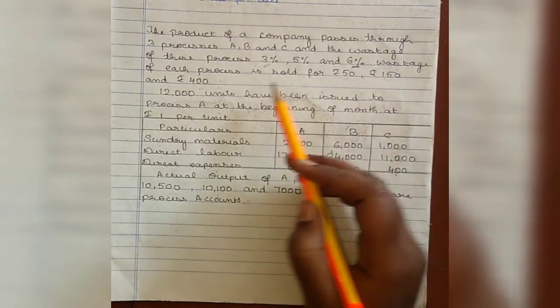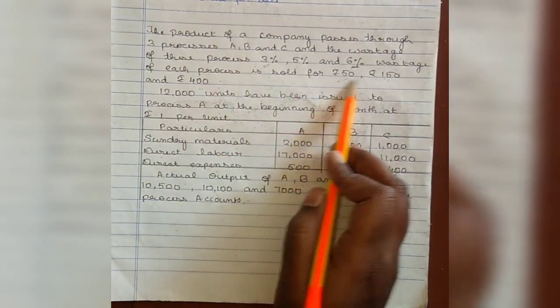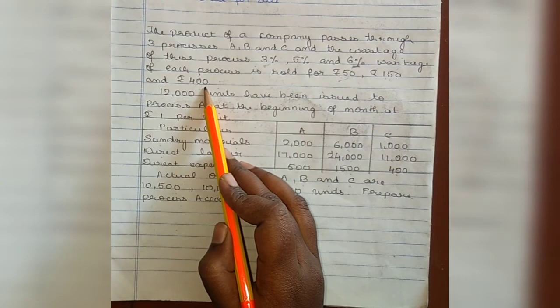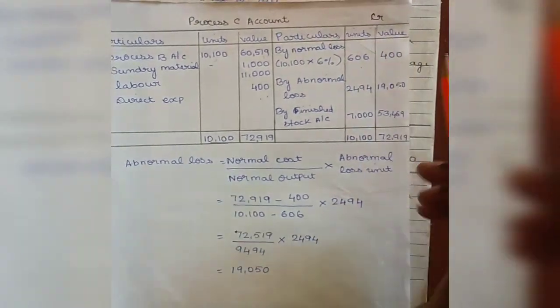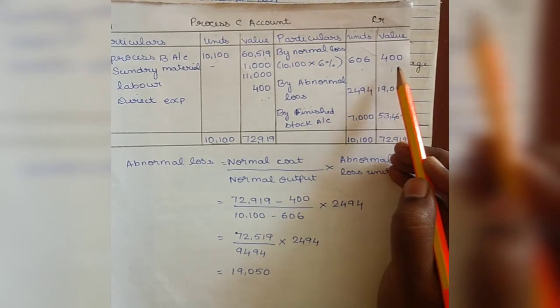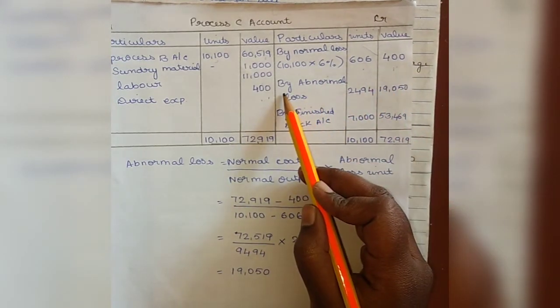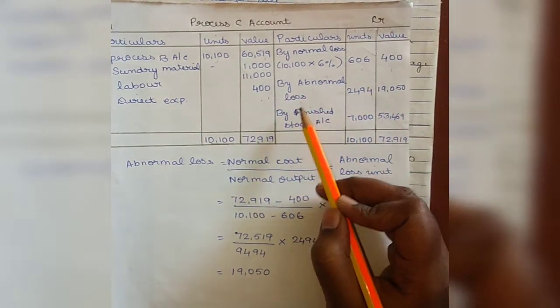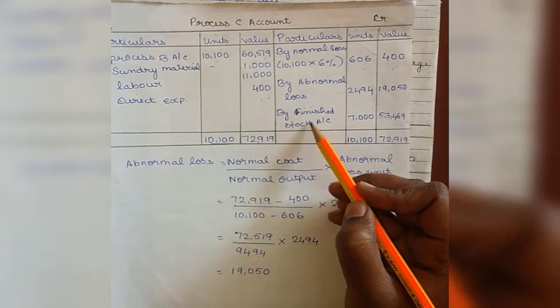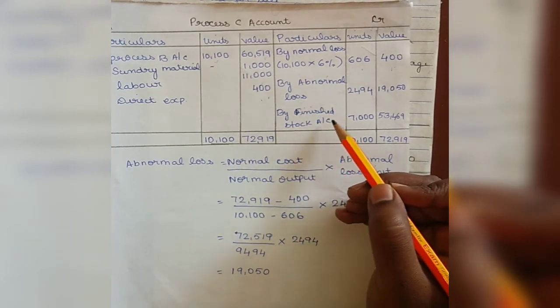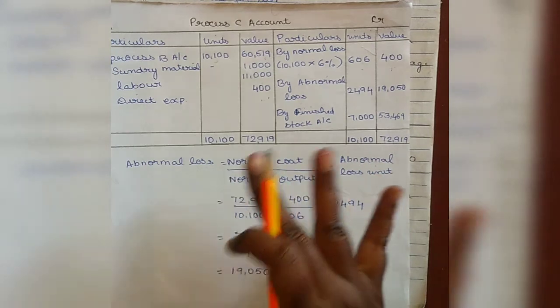Now look here, the wastage has been sold at 150 and for process C it is 400. So that 400 is what we have taken into consideration here. Okay, then just write abnormal loss, and the balance of this process is going to be the finished stock, because this is the last process.